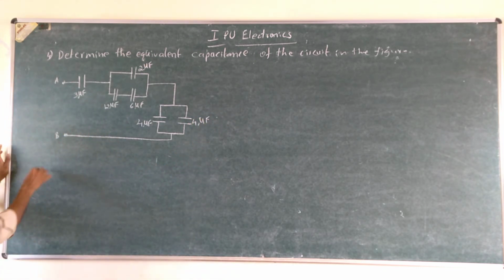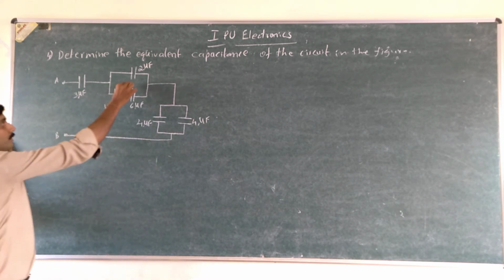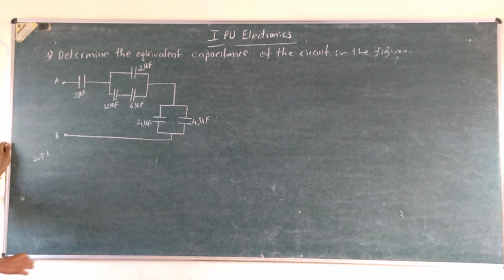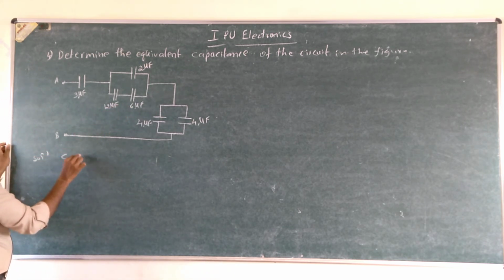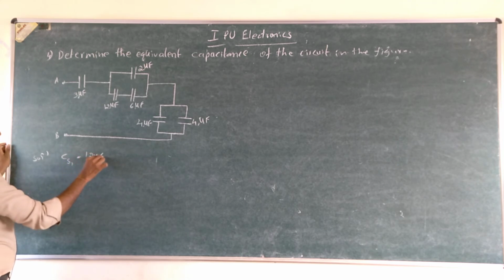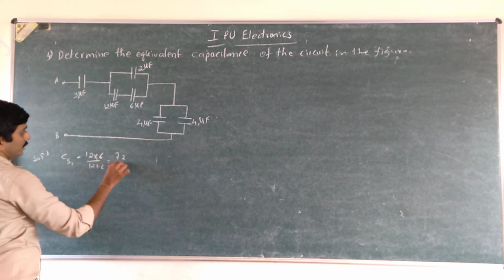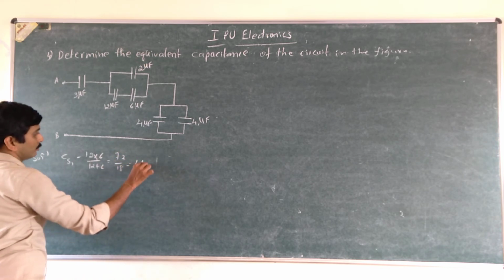Okay, solution. First solve this one and this one. This is series combination, CS1 is 12 into 6 divided by 12 plus 6, 72 divided by 18, 4 microfarad.